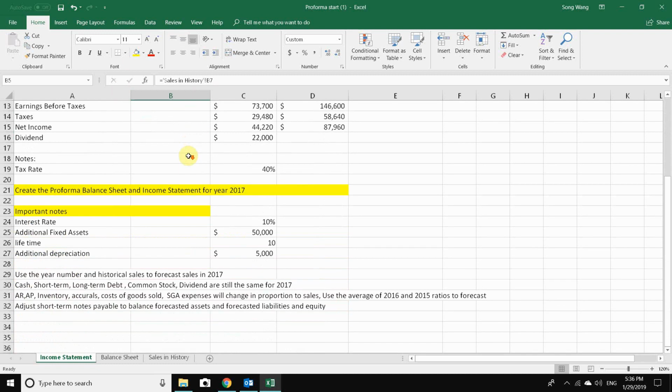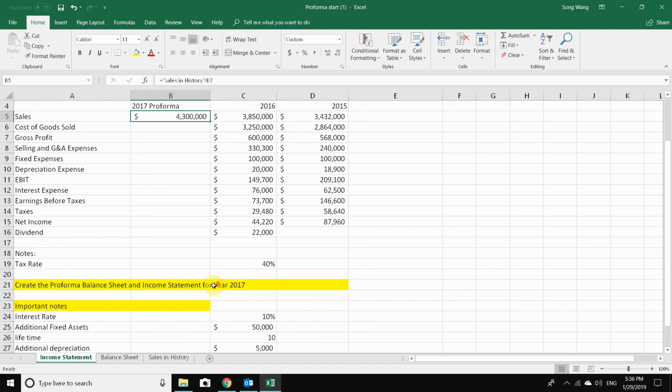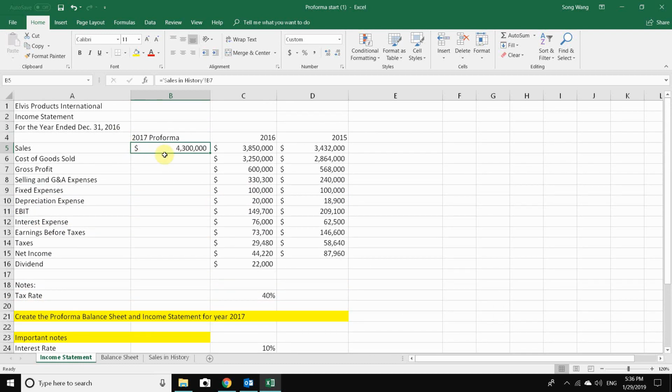You will see that for cost of goods sold and SG&A expenses on the Proforma analysis, or on the income statement, it should be as a portion of sales. So I assume that this cost of sales would be the same percentage for 2017.